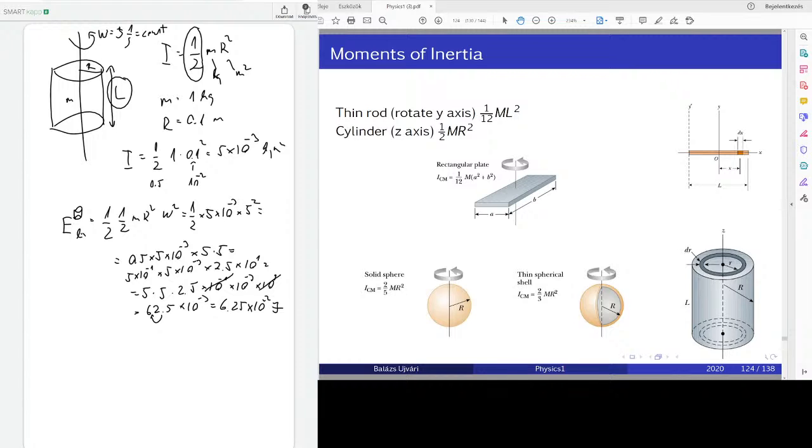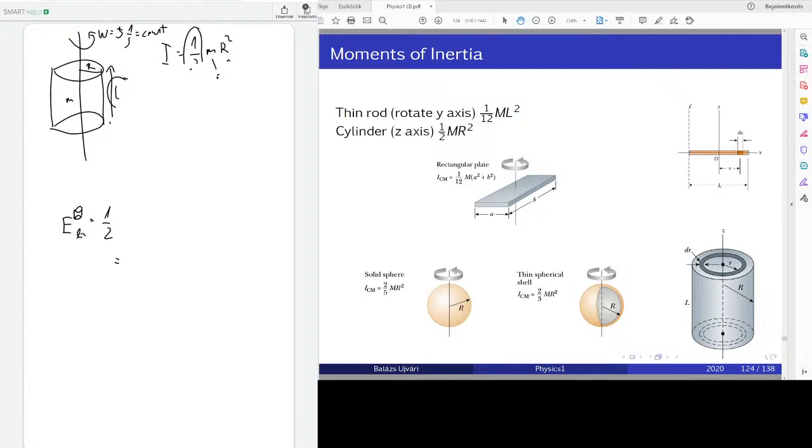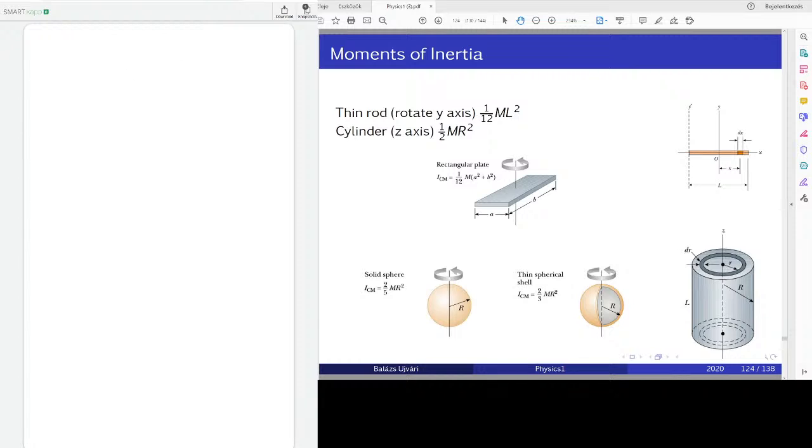Let's calculate another example. For example, we have a ball, not an empty ball like a basketball, but a full ball, full sphere. What if you rotate it pretty fast, like a basketball player can rotate the basketball?